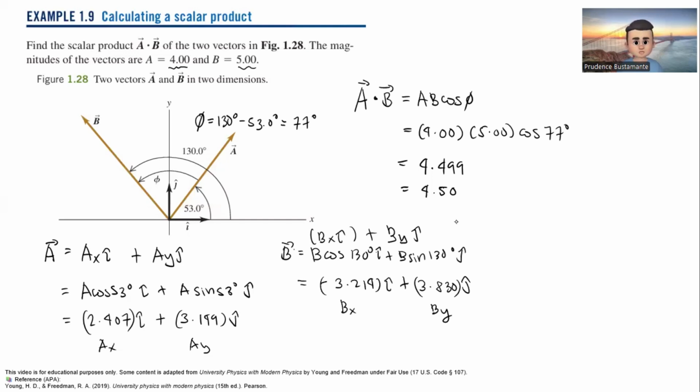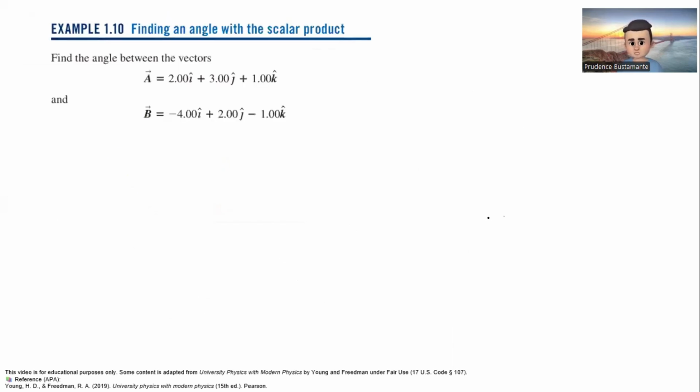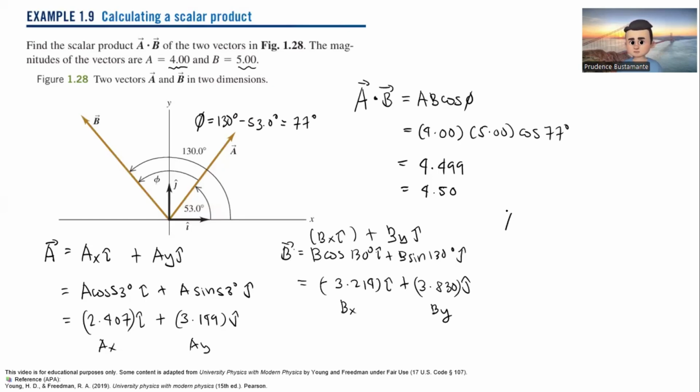If the vectors are given in this component form, then A dot B, using the formula, is AxBx plus AyBy plus AzBz. Since we have no z components, we can take that one as 0.